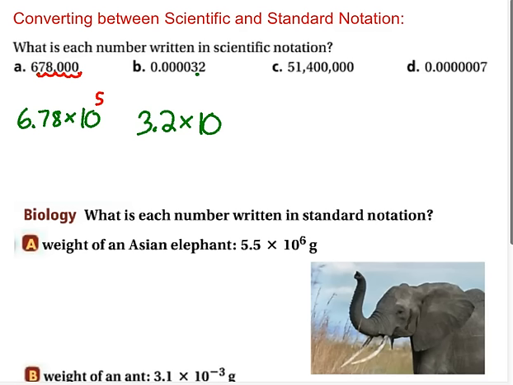Well, the decimal is right here to start with, and it's going to move 1, 2, 3, 4, 5 times, okay? But this time, notice we started with a very, very small number. Because I started with a very small number, this time is not actually 5. This time it is -5.